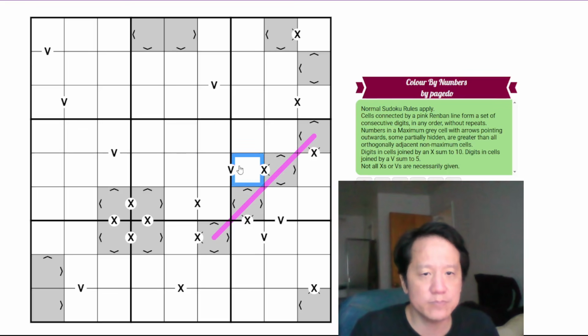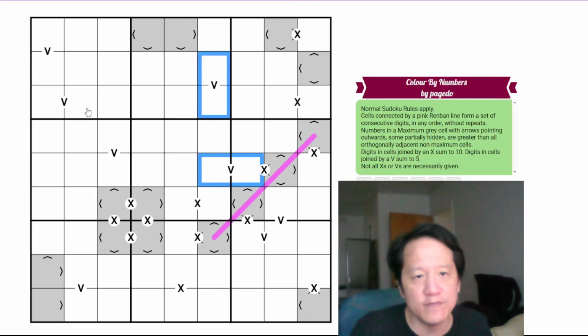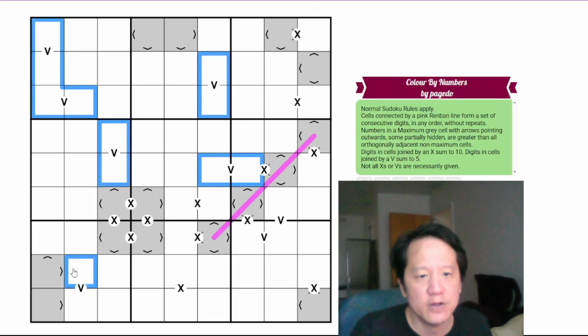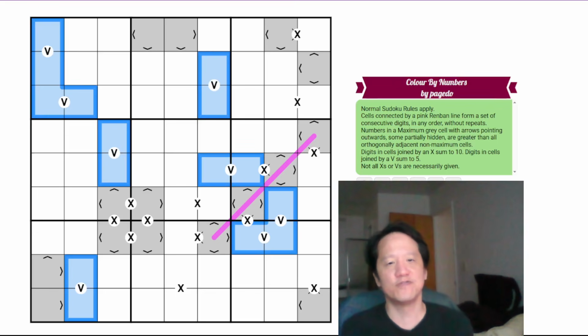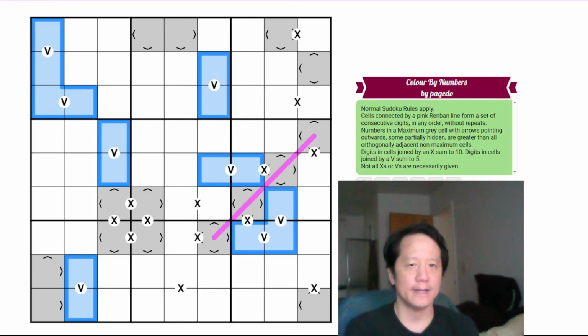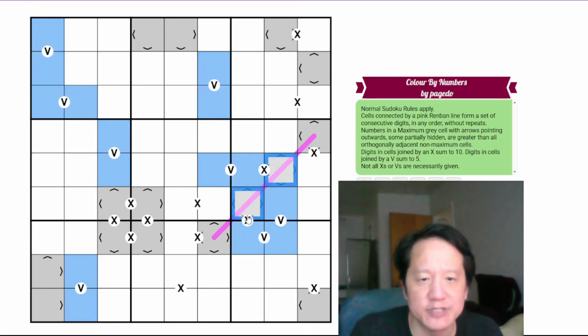Okay, let's start with the v's in this puzzle. The v's in this puzzle basically are all low digits, which are the digits 1 through 4. That means to add up to 10, these digits have to be high.